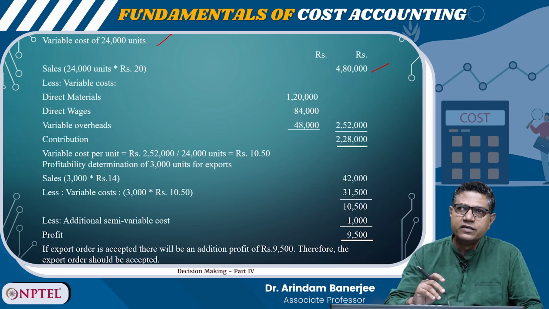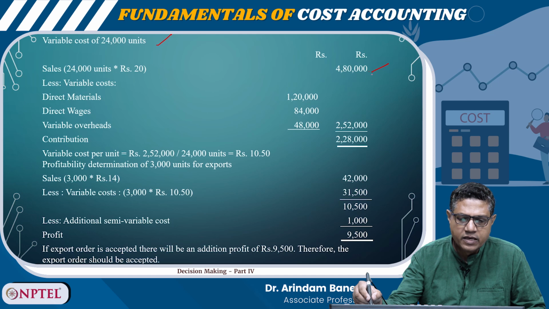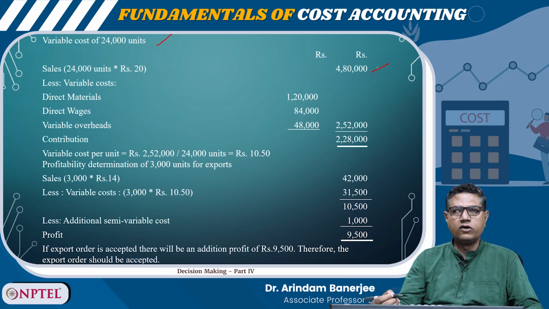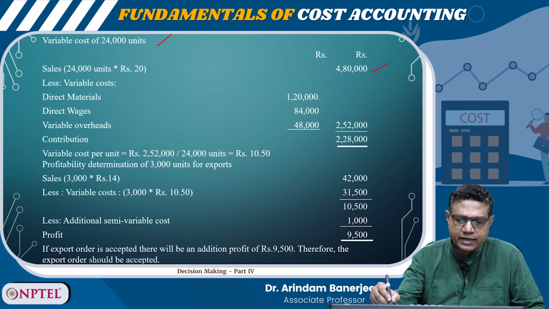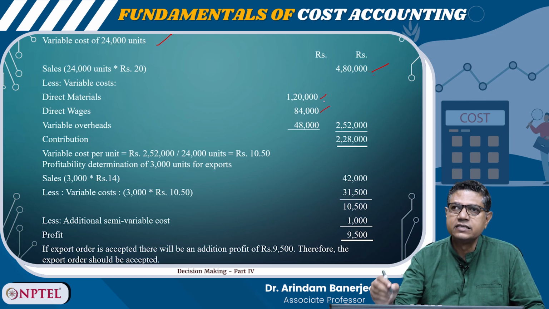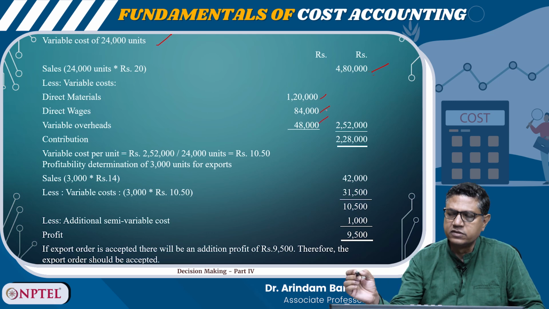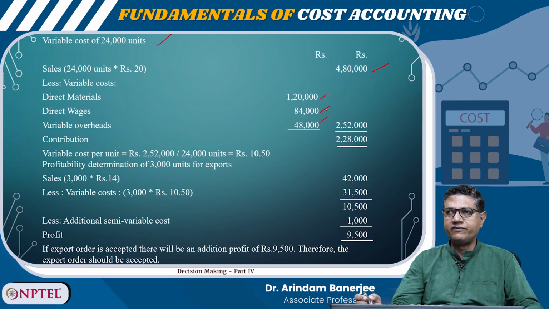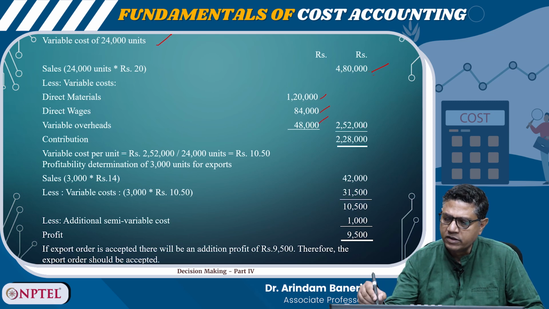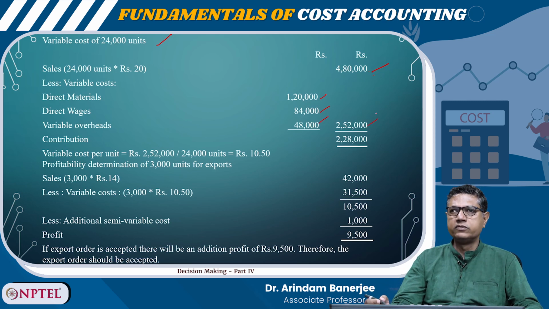So, here you see the sales is 4 lakh 80 minus all the variable costs. So, direct material 1 lakh 20, direct wages 84,000, variable overheads 48,000. If I add these 3, I will get the total variable cost, which is 2 lakh 52,000.